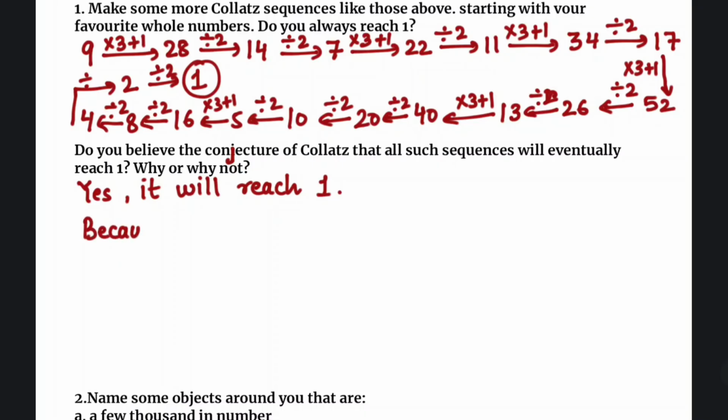Because if we have an even number, then it is halved.